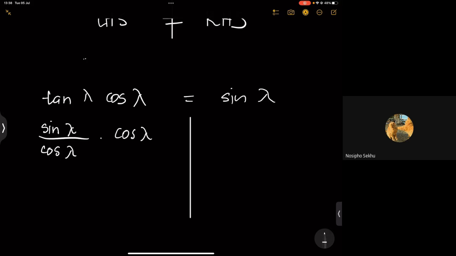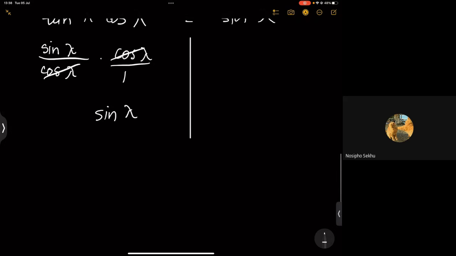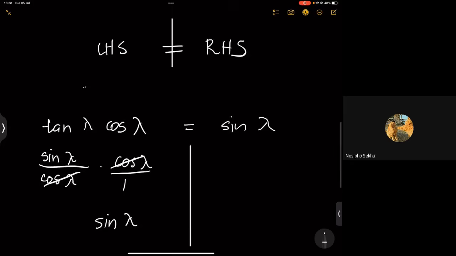And then we cross out both cosines. So in this case, those two will cancel out, because that divided by that would give us 1. So we've got sine of lambda on the left-hand side as well as the right-hand side. So we can say, therefore, left-hand side is equal to right-hand side. Okay, very well done.